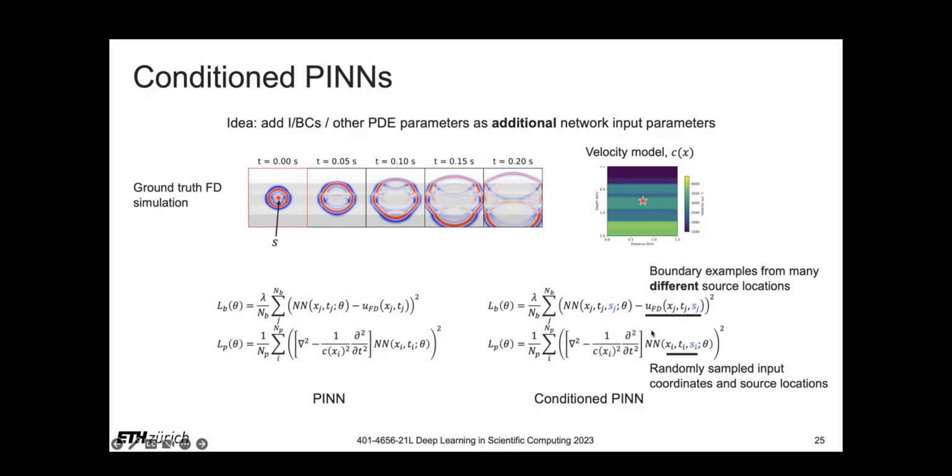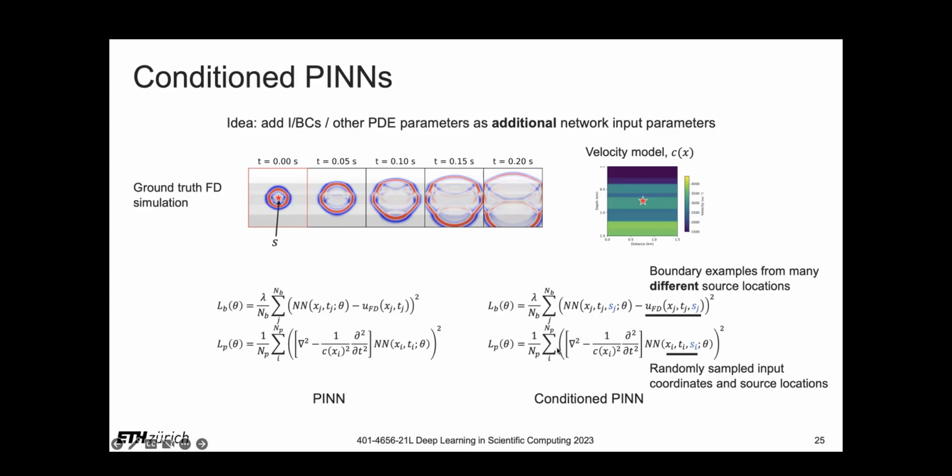The most important thing here is that the loss function is over many examples. Before, they were just examples of points in the domain and the FD simulations. Now we're going to run many different FD simulations with many different source locations and give that to the boundary conditions so that the network learns the general boundary across all different source locations. Does that make sense?